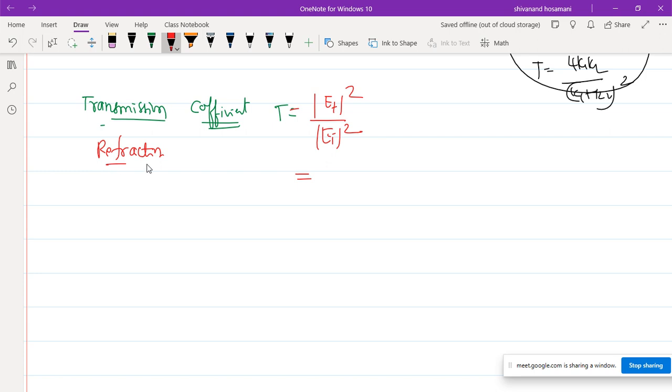So that is going to be 4 times n1 n2 divided by n1 plus n2 whole square. So this is the transmission coefficient, or refraction coefficient.